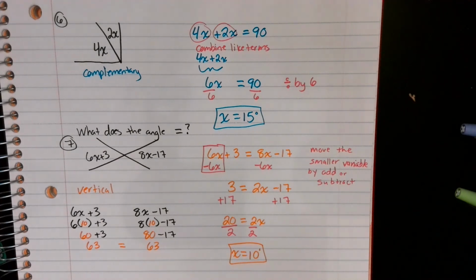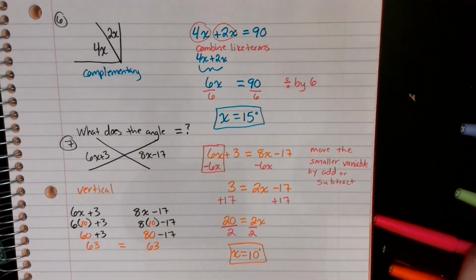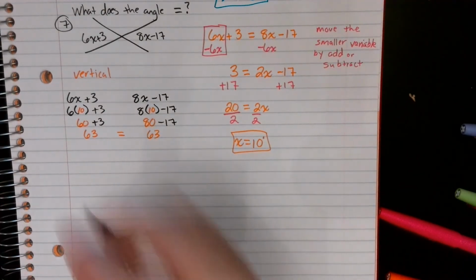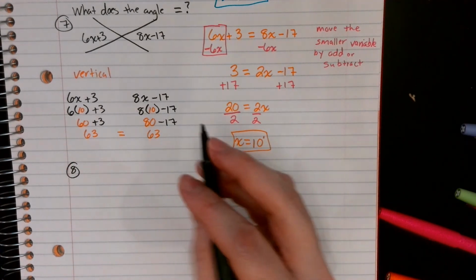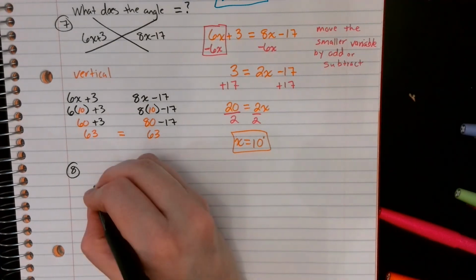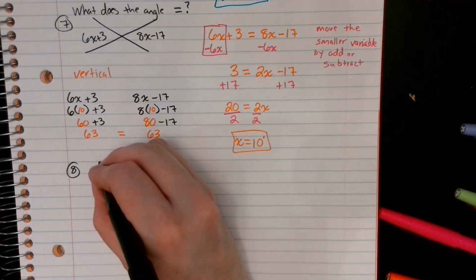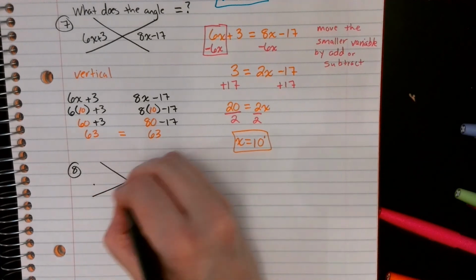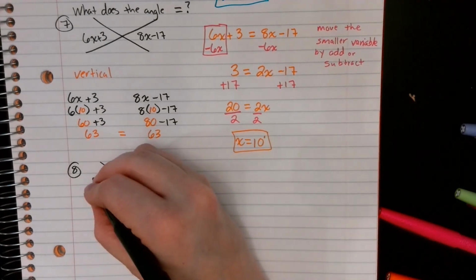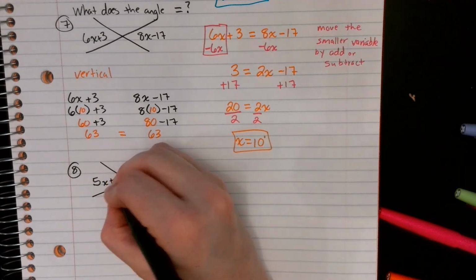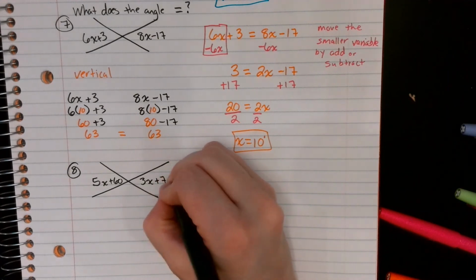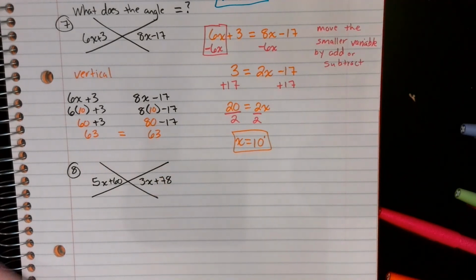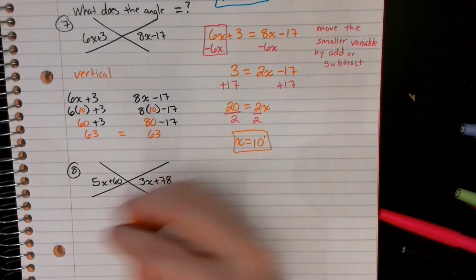Okay, so let's take a look at one last problem then. We'll do another one of the variables on both sides. Okay, so vertical angles.